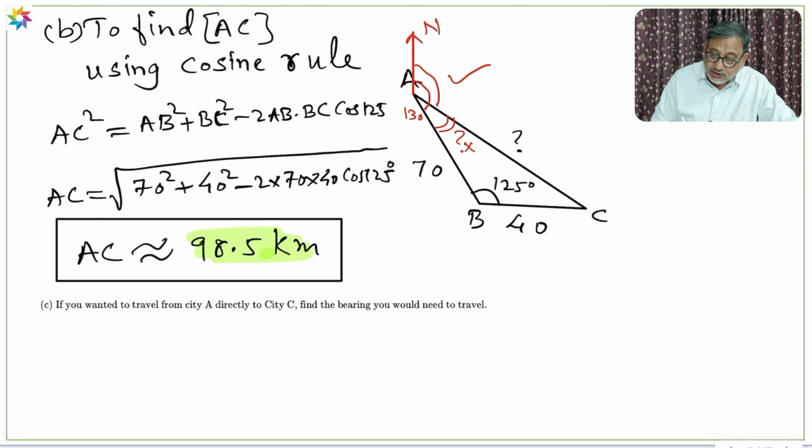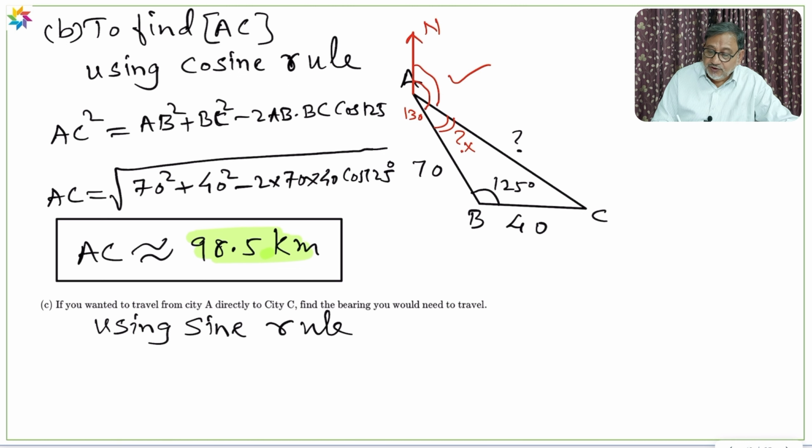Okay, so using sine rule, because I have the opposite side, I need that angle. So using sine rule, one complete pair, one incomplete pair, okay? So I want to find BAC, right?